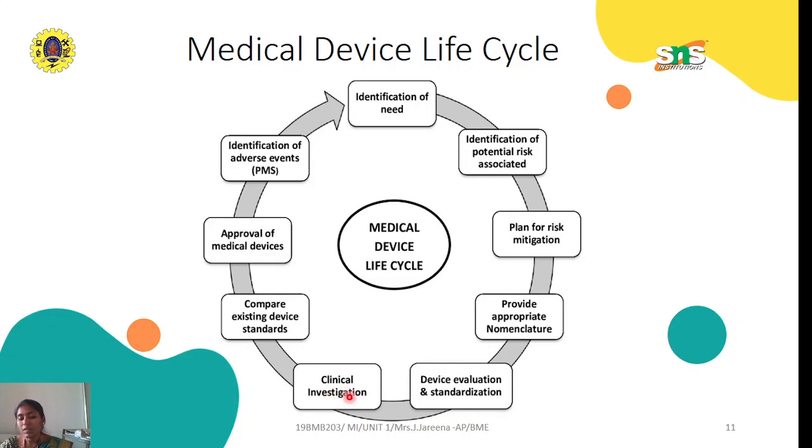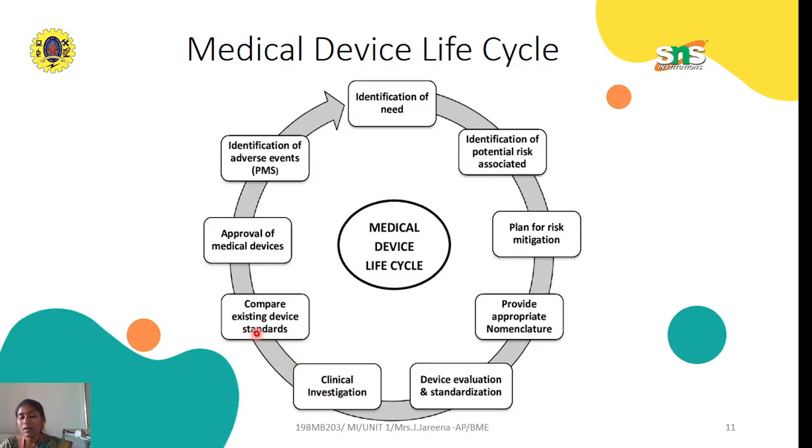You do the clinical investigation with the help of the device and get some results. You compare those results with the existing device standards, whether it's meeting them or not. If it's not meeting them, you have to put in even more effort to meet the existing device standards.